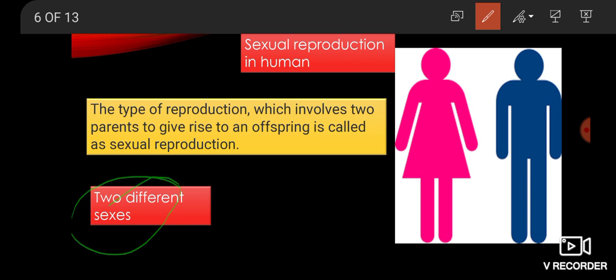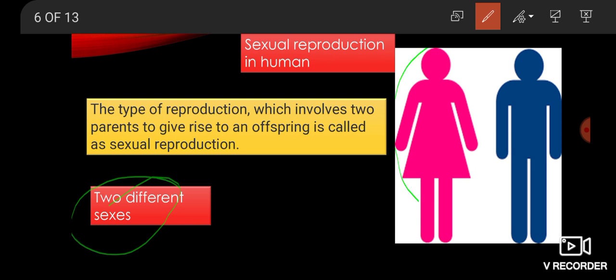Why is the word different used here, dear students? Because two of the same sex cannot produce an offspring. Two males cannot produce an offspring, two females cannot produce an offspring. Definitely two different sexes, two different parents are required.